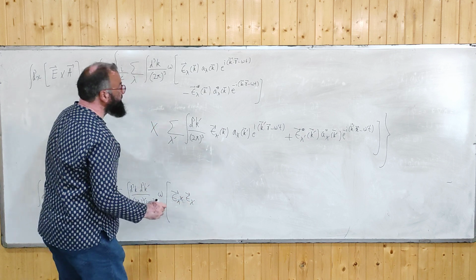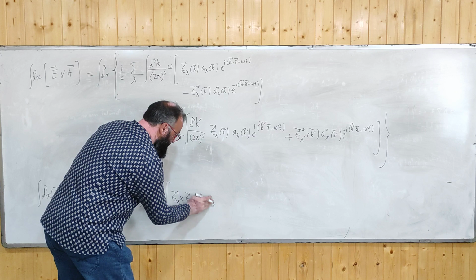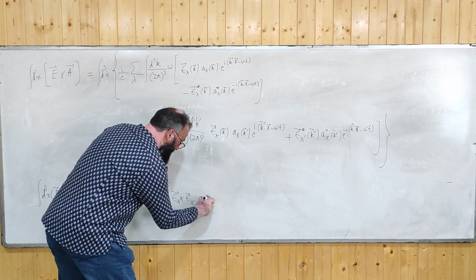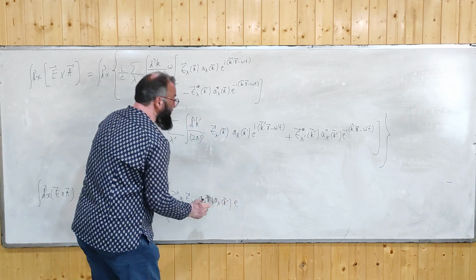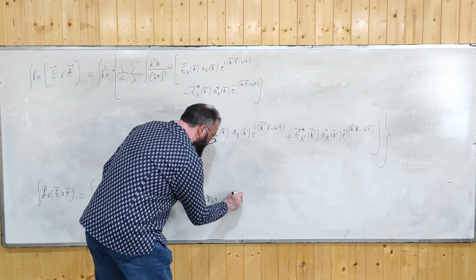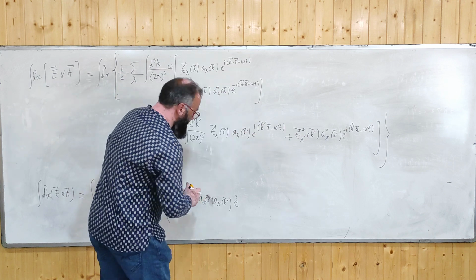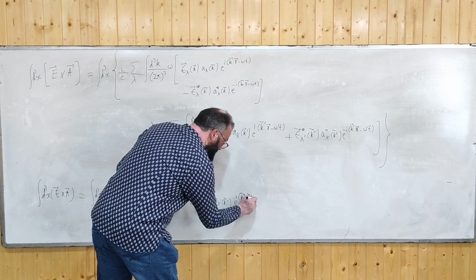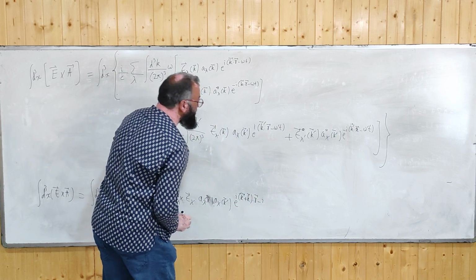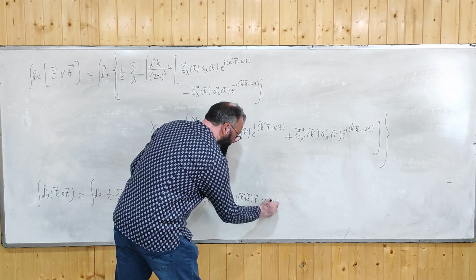Then you are having this a lambda k, a lambda prime k prime, so you are having e raised to i(k plus k prime dot r minus omega plus omega prime t).